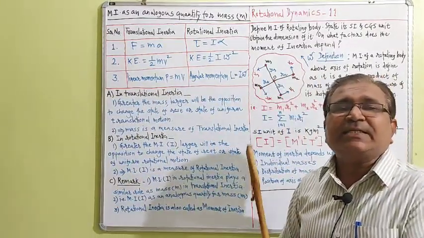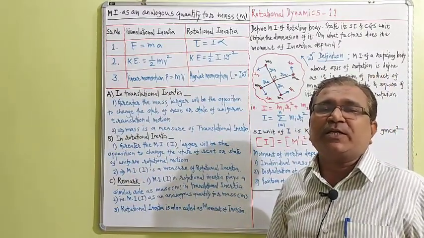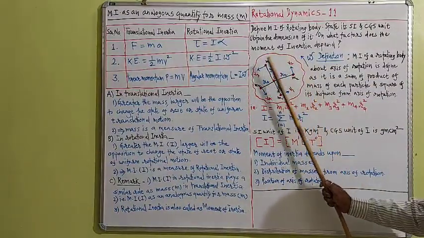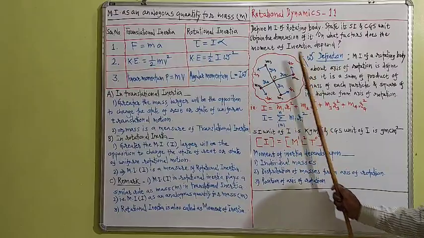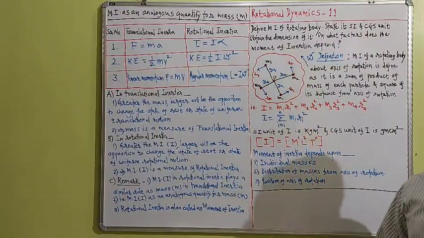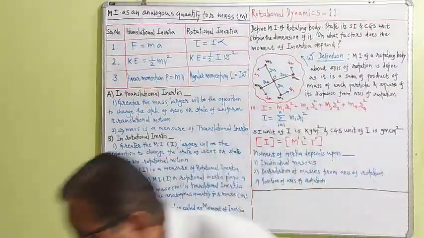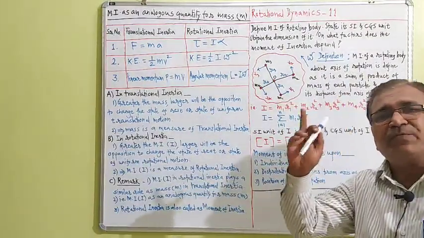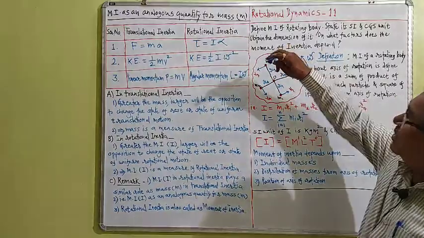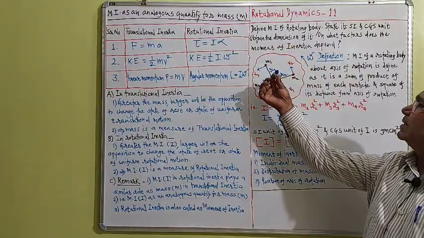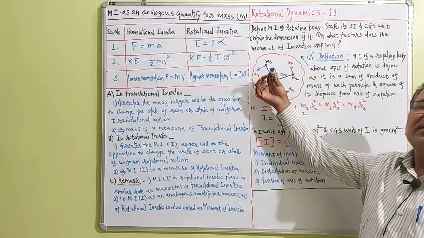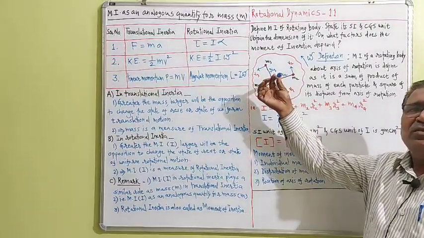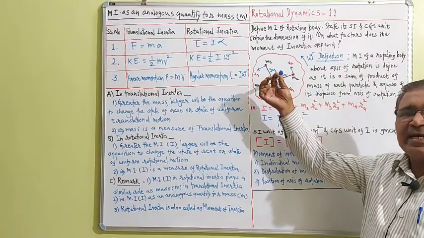I have drawn a simple diagram of a rigid body on the board, and this body is rotating in anti-clockwise direction. The axis of rotation is not shown in the figure, because it is perpendicular to the board, which I am not able to show in the diagram.